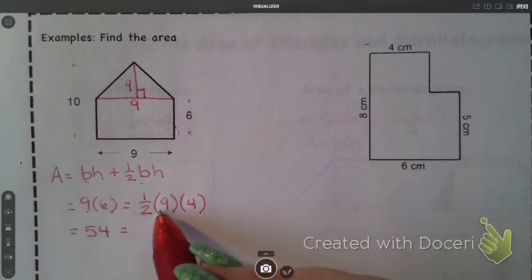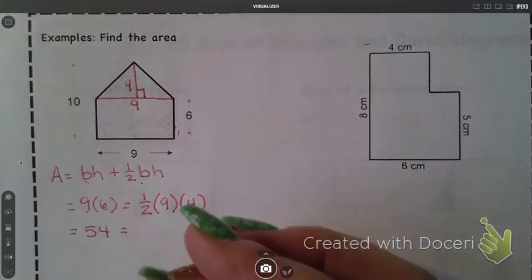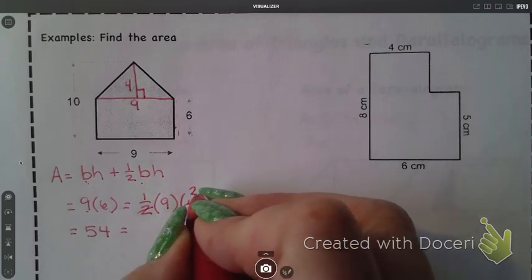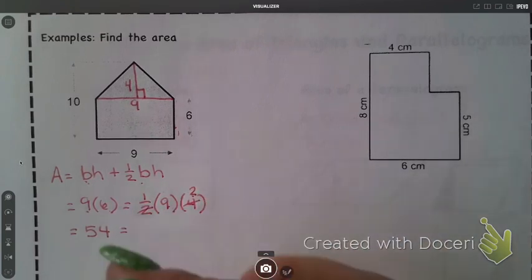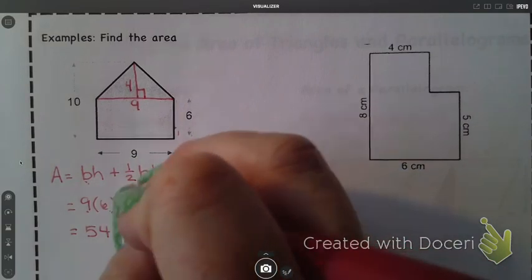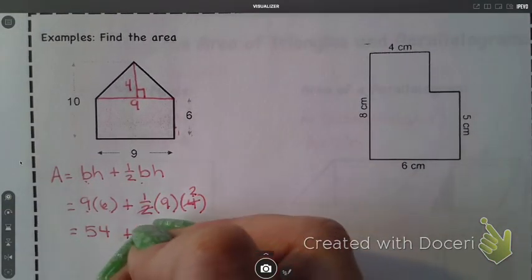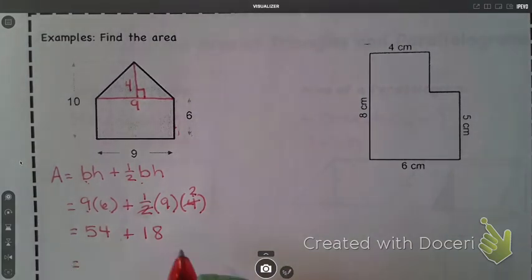Half of 9 isn't going to be too pretty, but I could do it, right? But wouldn't it be easier to take half of 4, which is 2, and 2 times 9 is 18. I put equals, and these should be pluses, shouldn't they? So 54 plus 18, 72. You guys agree? And I have to put units squared.